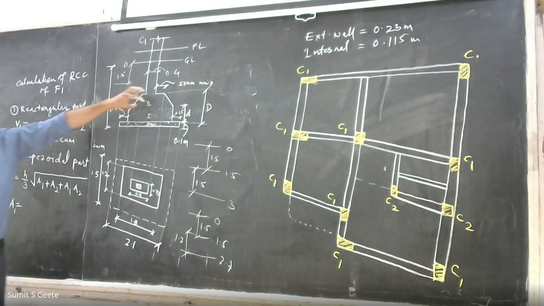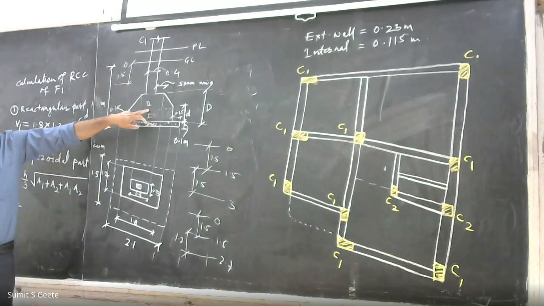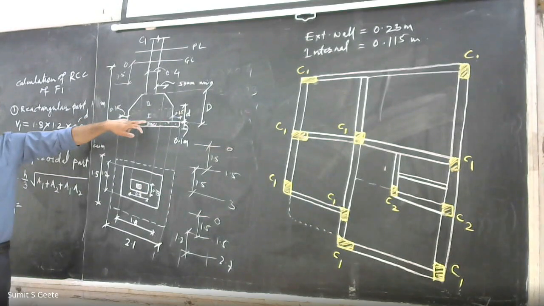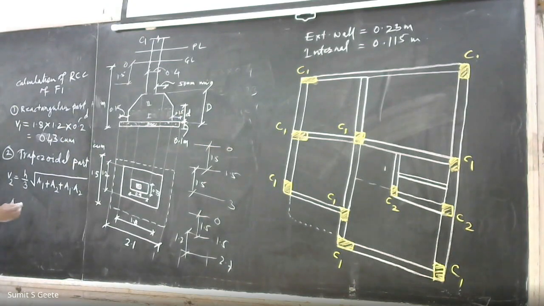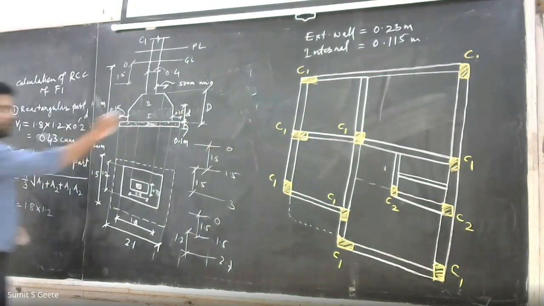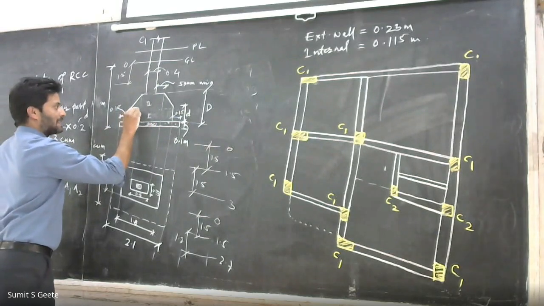Base मतलब ये trapezoidal है, उसका base ये हो गया, तो यहाँ का plan area चाहिए मुझे. So this dimension is not matching with this dimension. जो footing का dimension रहेगा वही dimension रहेगा. So therefore I am writing which is equals to 1.8 into 1.2. So I am going to calculate A1 at this base level.